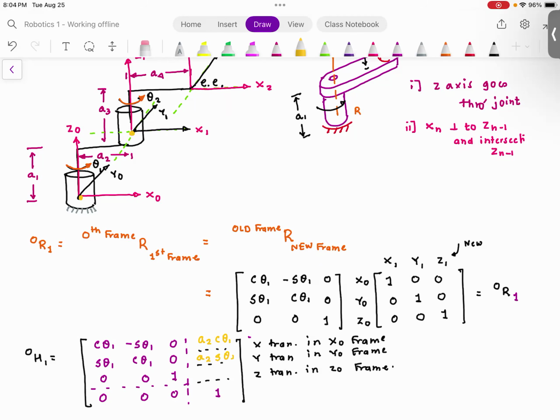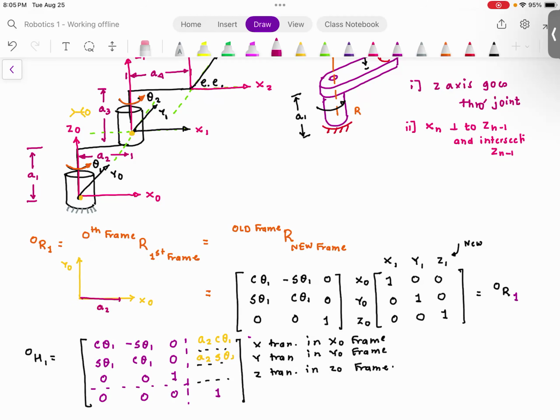And I want you to notice, if you look from top, you will see this is Y0, this is X0. Now when theta is 0, you would see A2 like this.